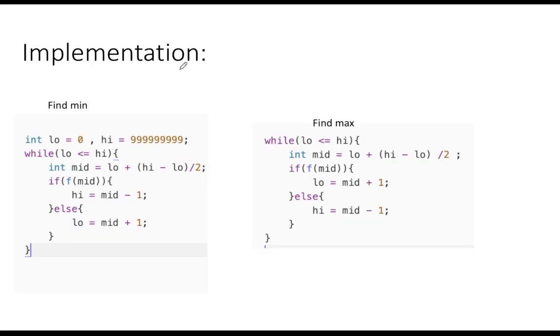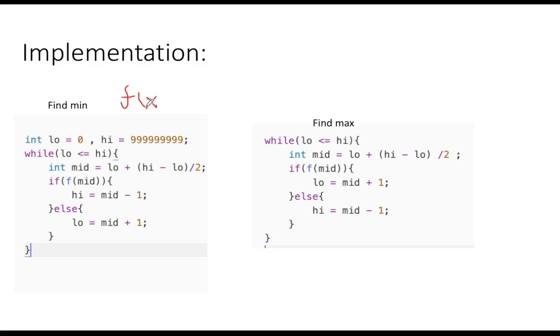So there are two ways of implementation. I mean, there are tons of ways to implement binary search, and below here are just two of my ways to implement it. The first one is to find the minimum value of x such that if you plug x into a function, the function will return true.